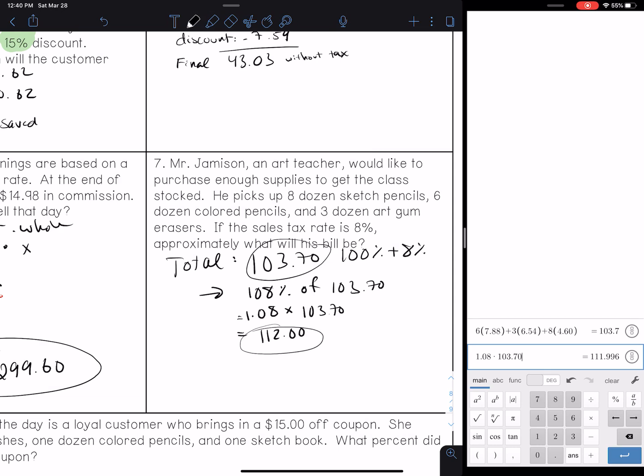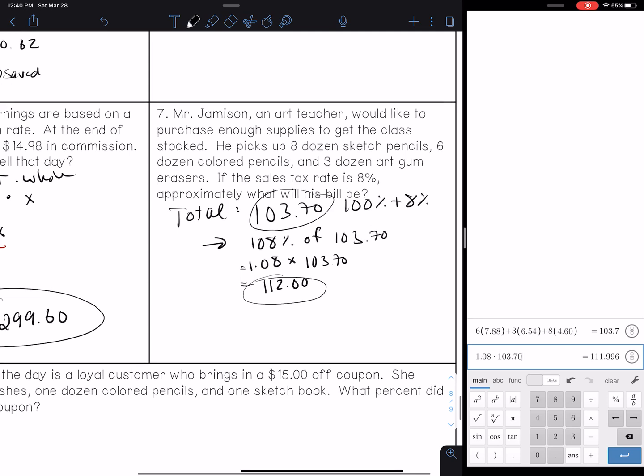So that's how much I'm going to pay. So that is my total cost with tax. All right, so that was number 7.